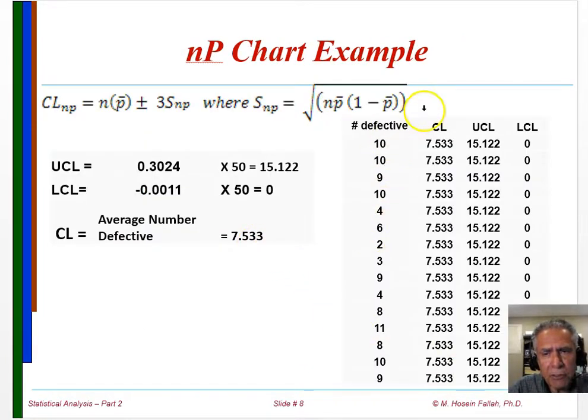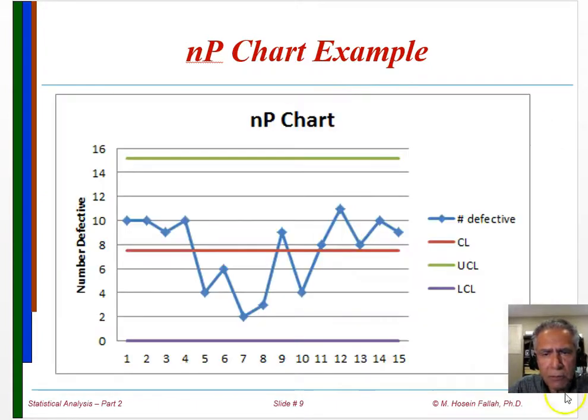And so when we plot this center line, upper control limit, and lower control limit, we get essentially the same control chart, except that here the control limits are multiplied by n. The same thing with the center line, as well as the data points. Now these are not fractions, but the actual number of defects.